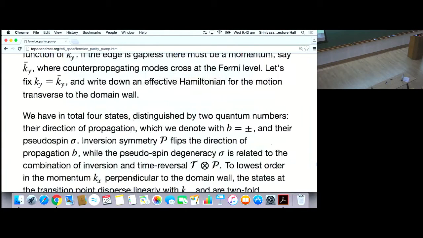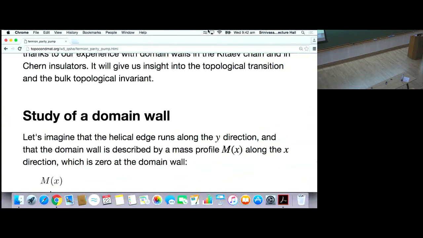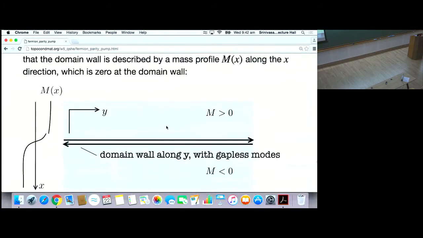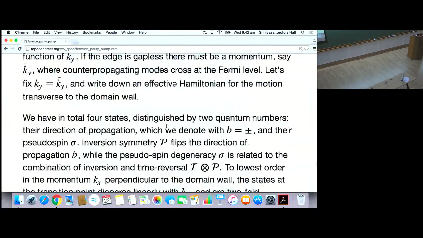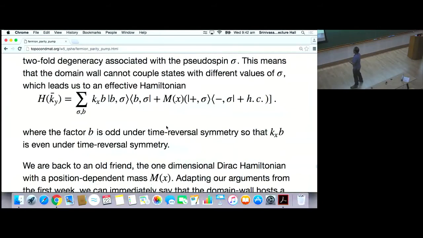Let me see, what do I mean specifically? So I guess what I'm trying to do is find a condition for when I have helical edge states. All right. So in that case, I have.